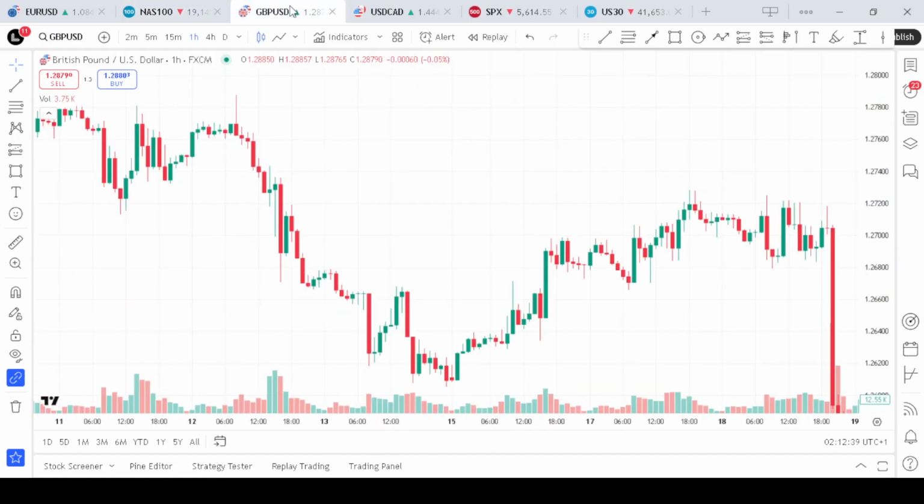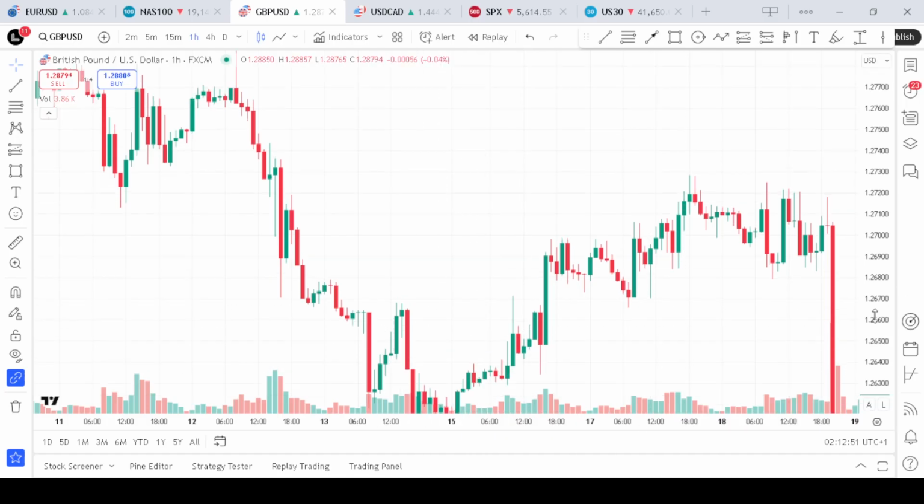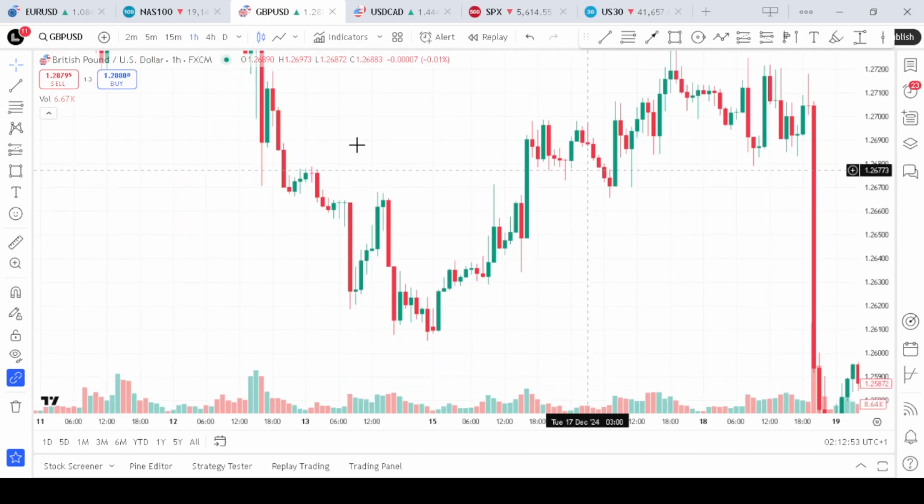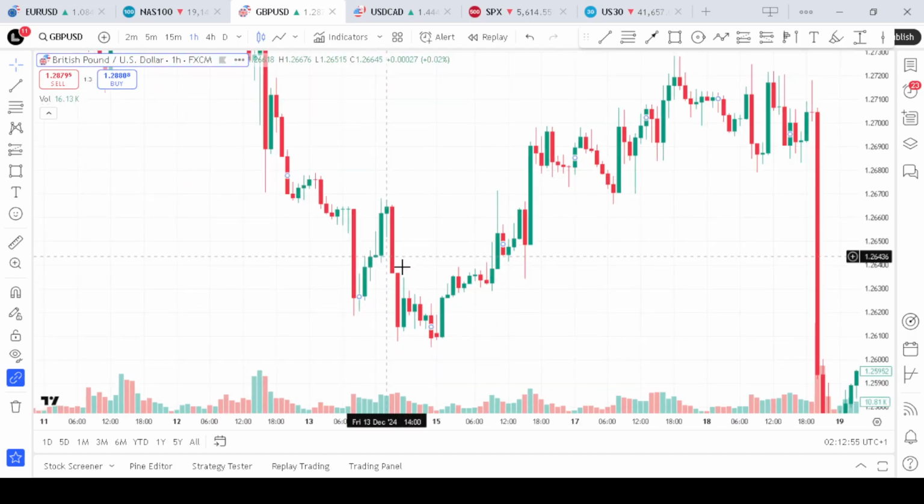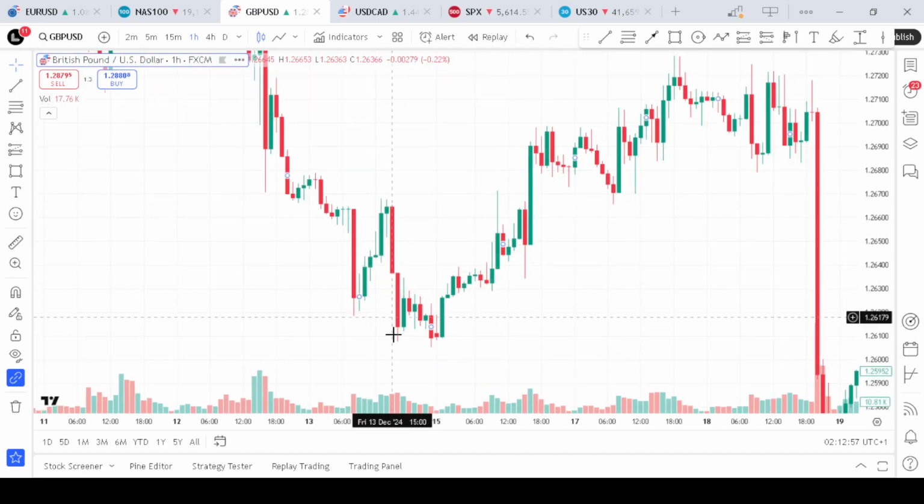We can look for another example to better understand this pattern. As we can see from the chart, this is a sustained bearish move where we saw a strong bearish candle and a bullish candle that closes after the strong bearish candle.